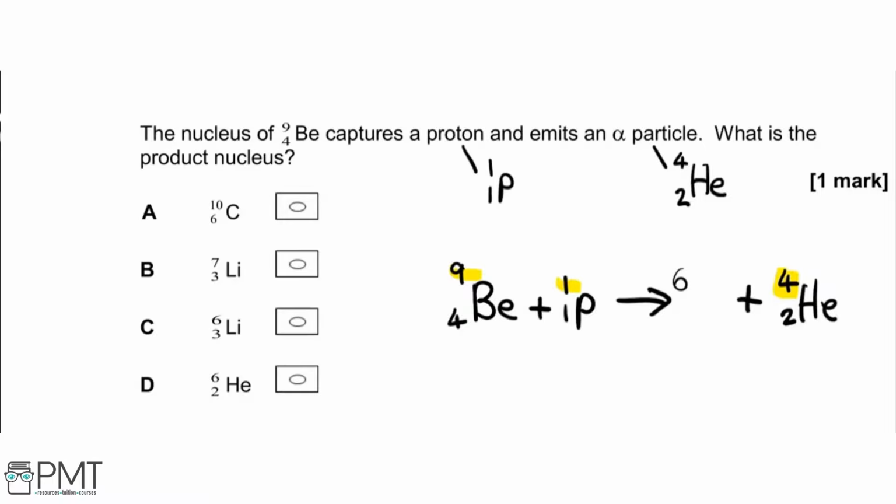So 4 plus 1, there should be 5 on the left-hand side. That means there needs to be 5 on the right-hand side. We've got 2 so far. So 5 minus 2, that's going to be 3. Now, if we look at our options here, the only one that's going to have a 6 and a 3 is lithium. So the answer is C.